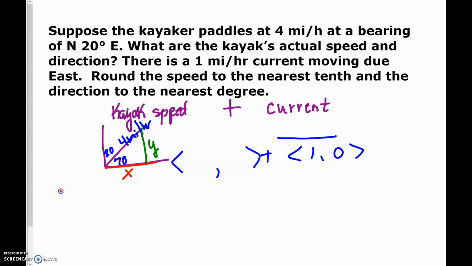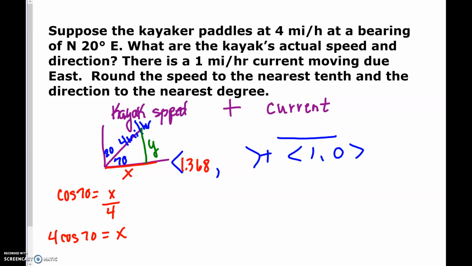So cosine of 70 is adjacent, which is X, over the hypotenuse, which is 4. So 4 times the cosine of 70 is X. If you multiply that out, we get 1.368.